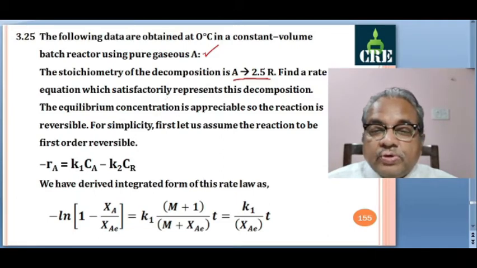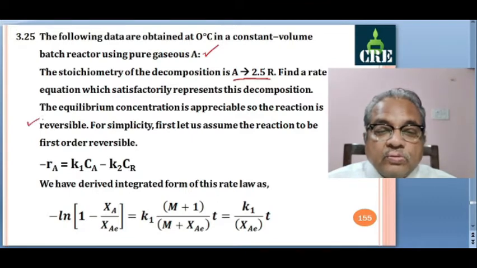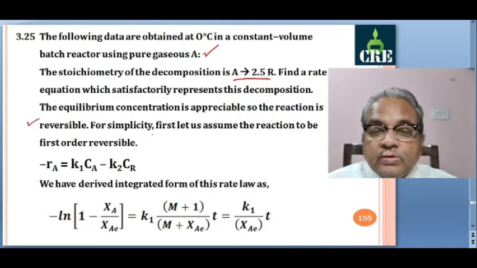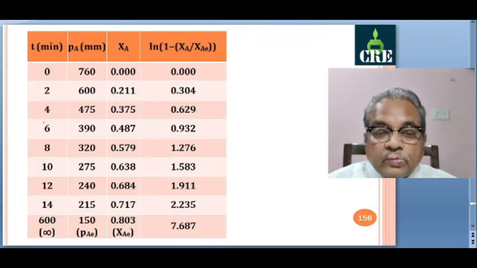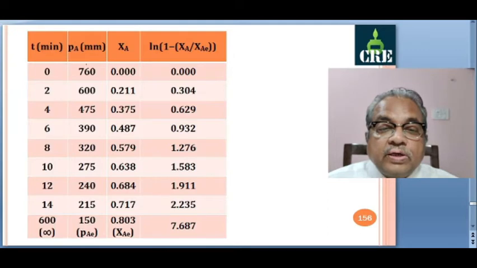Equilibrium concentration is appreciable, so the reaction is reversible. For simplicity, first let us assume the reaction to be of first order reversible. In the data provided, this is the data and these are our calculated values. Partial pressure in mm of mercury, you start with 760, that means 1 atmosphere.